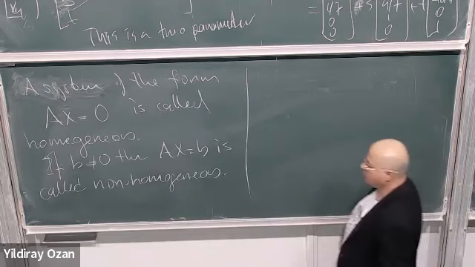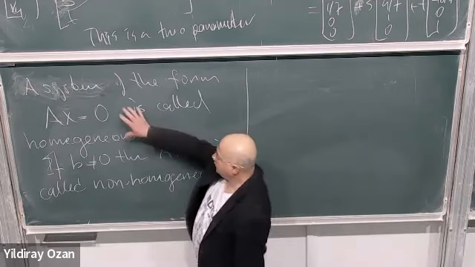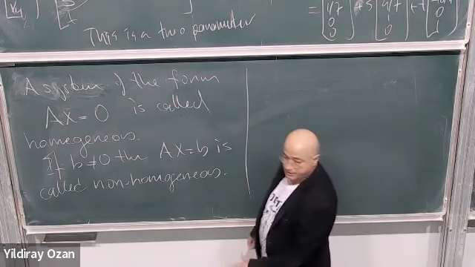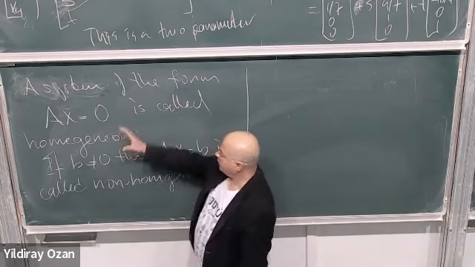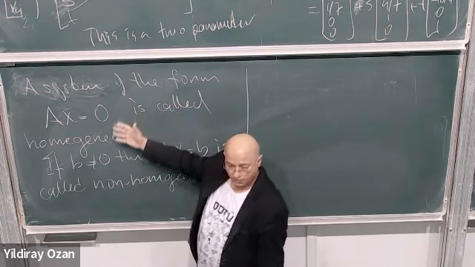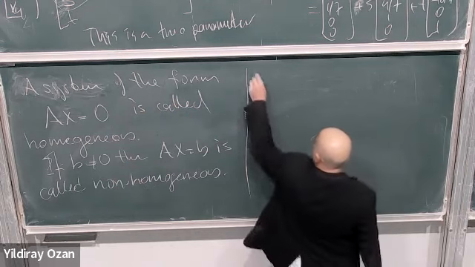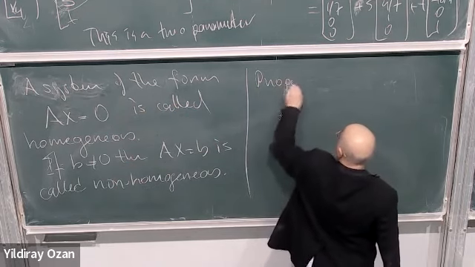Okay, now why do we have such a classification, homogeneous and non-homogeneous? The reason is that the solution sets of homogeneous ones form a vector space. Okay, so the proposition is this.